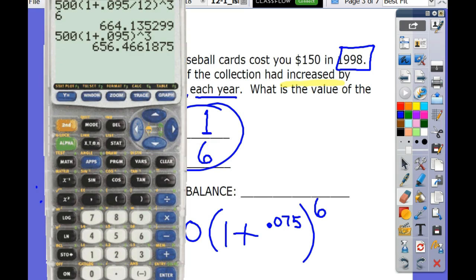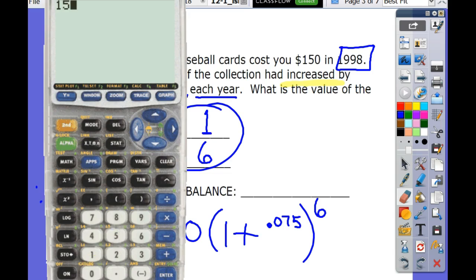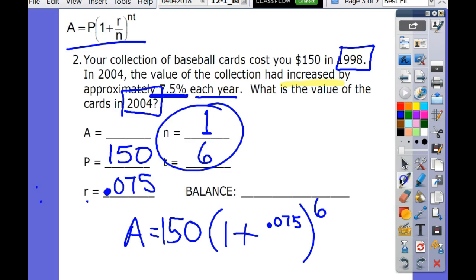And so in my calculator, 150 times 1 plus 0.075 raised to the 6th power. That's how much it's going to be after 6 years. Is this number right here more than 4? So the 49 will round up to 50.